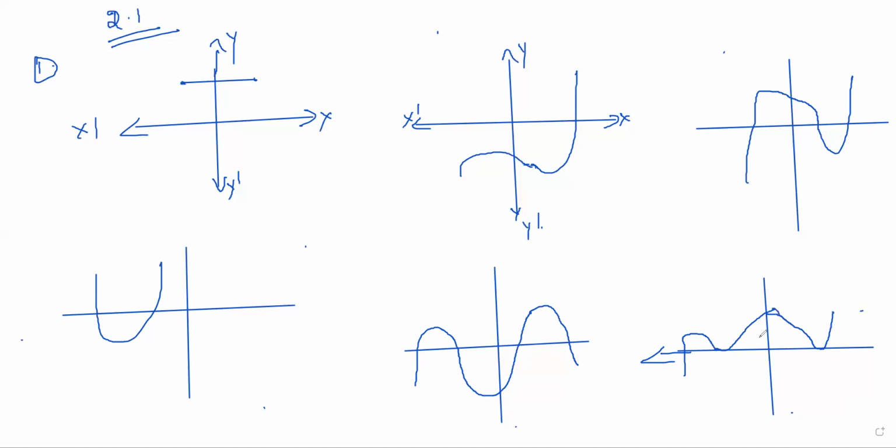Yes, these are the 6 graphs. So y is equal to p of x, and you have to write the number of zeros in each case.